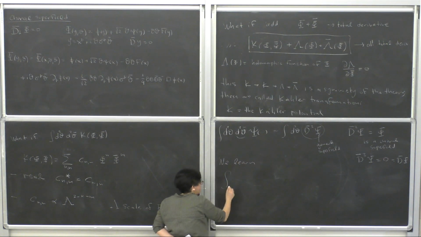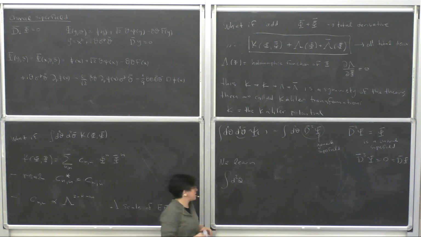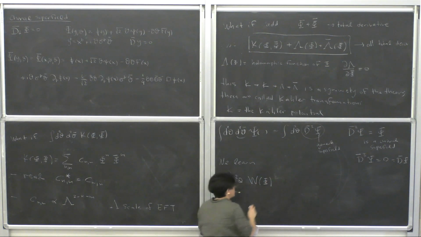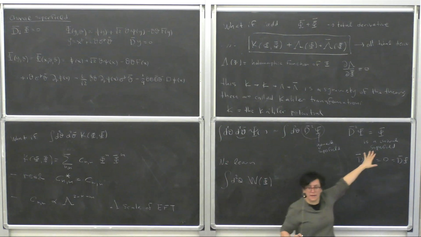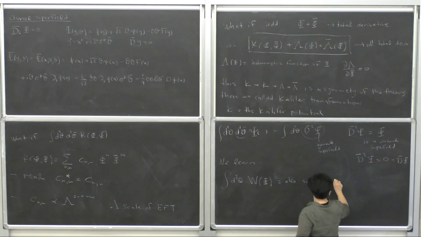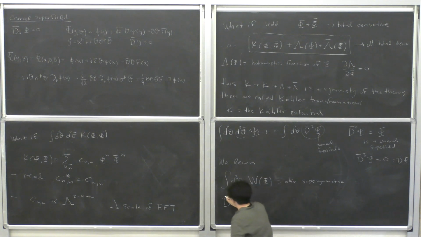is that if I integrate only half of the superspace, but I am integrating a function, something, any superfield that is chiral, this is also supersymmetric. So this D, now I'm using the notation I want.